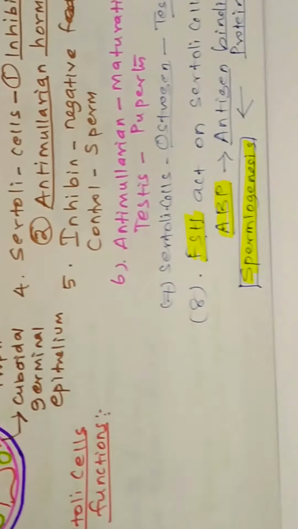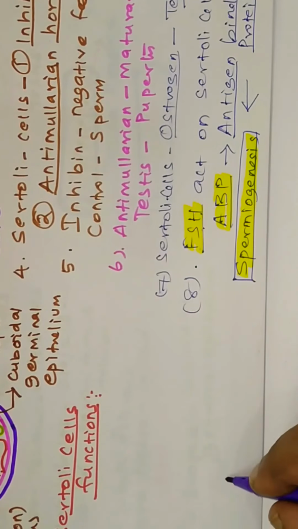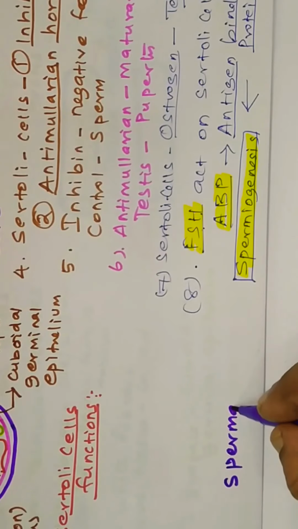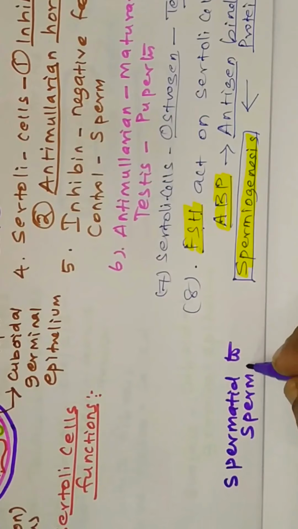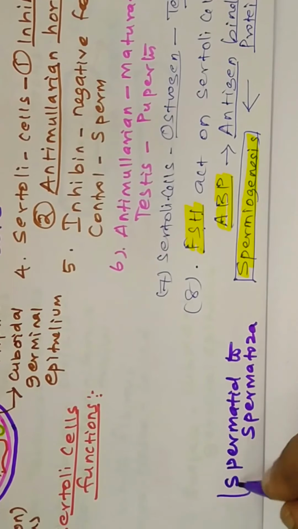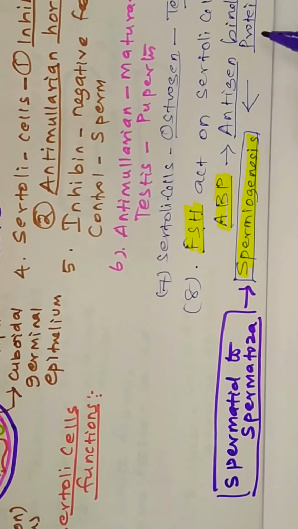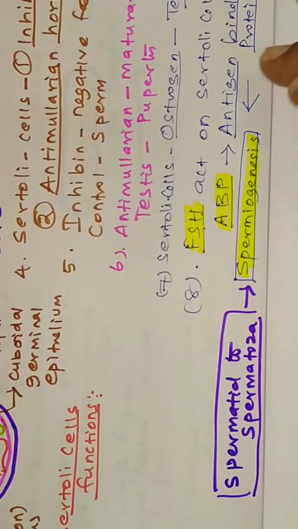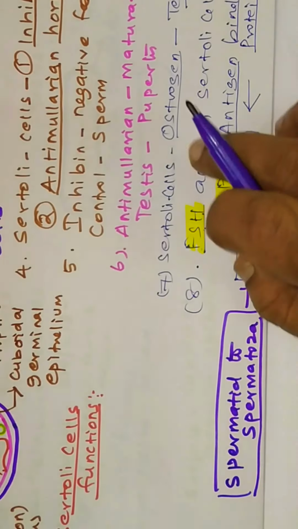So spermiogenesis is nothing but the conversion of spermatid to mature spermatozoa. For spermiogenesis, antigen binding protein, secreted by the Sertoli cell, is essential. The antigen binding protein has another function also, which we will discuss later.